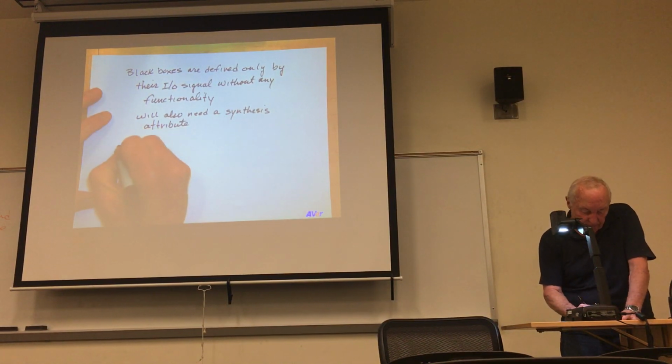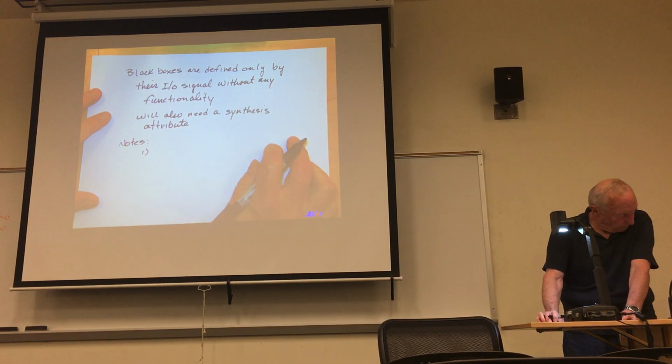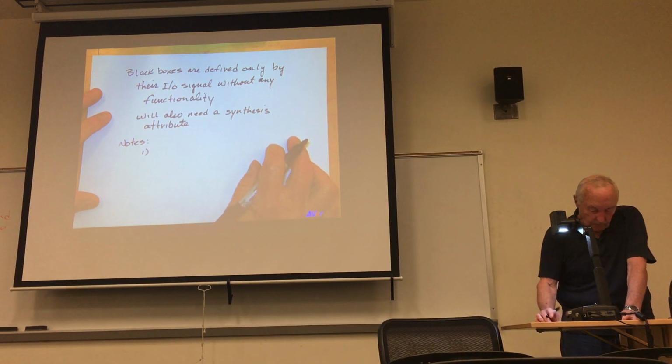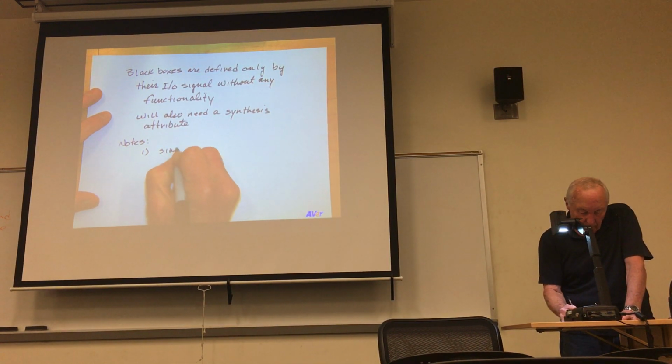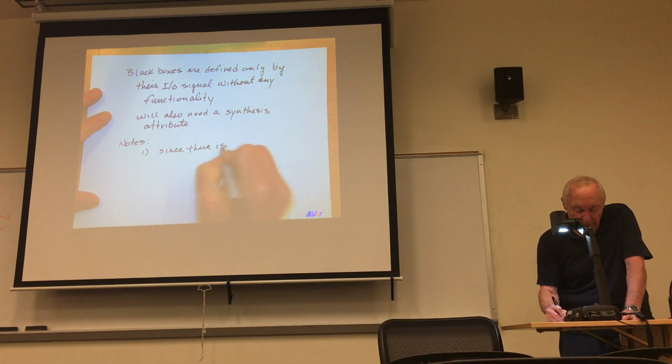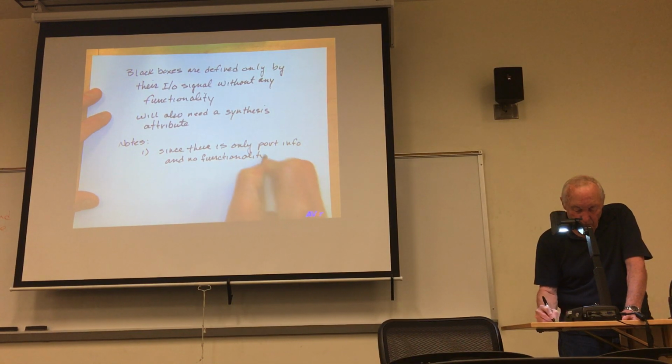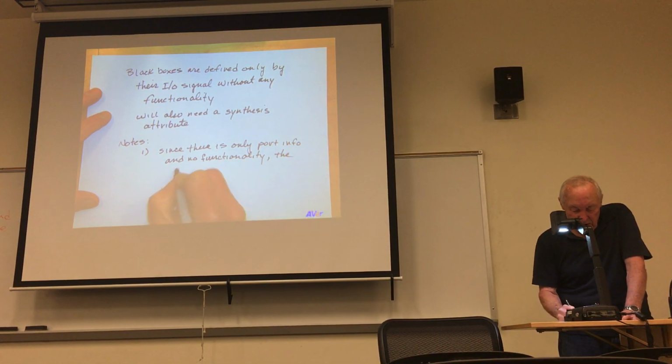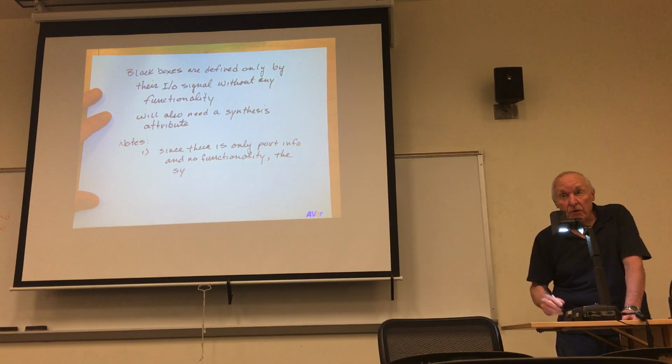Now some notes. Since there is only port information and no functionality, the synthesizer doesn't implement the module.